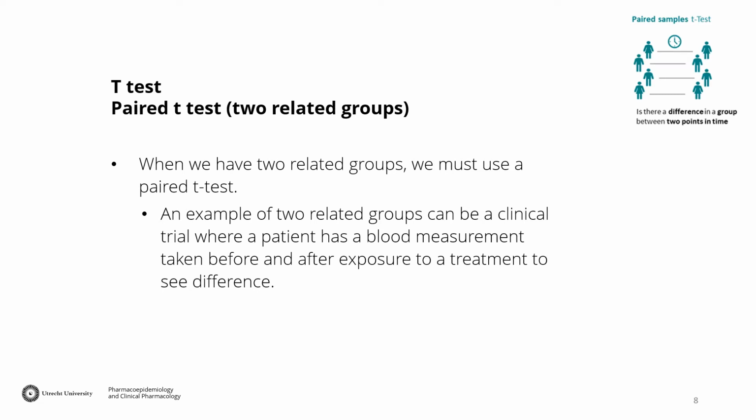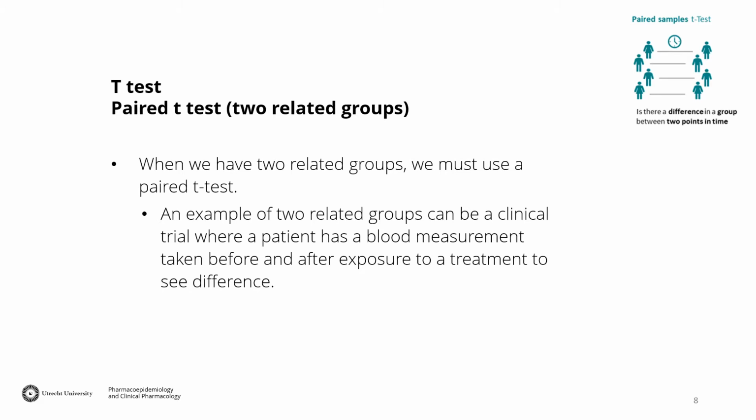Now we go to the paired t-test, which is a test between two related groups. Here you typically want to see if there's a difference within a group at two different time points. For example, you have a patient who, before he takes the drug, gets some kind of measurement, and then after a while, after he takes the drug, gets another measurement.